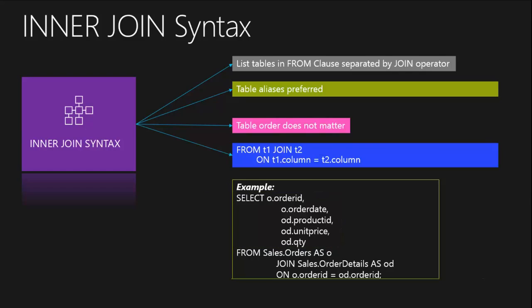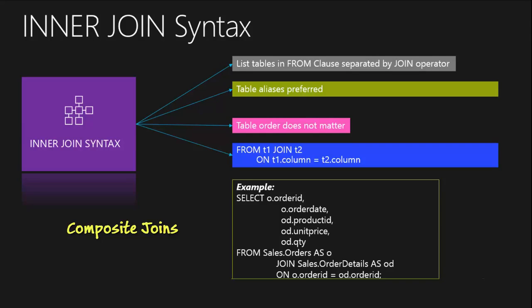Inner joins may be performed on a single matching attribute, such as the order ID like we just saw in this example, or they may be performed on multiple matching attributes, such as the combination of order ID and product ID and such. Joins that match multiple attributes are called composite joins.